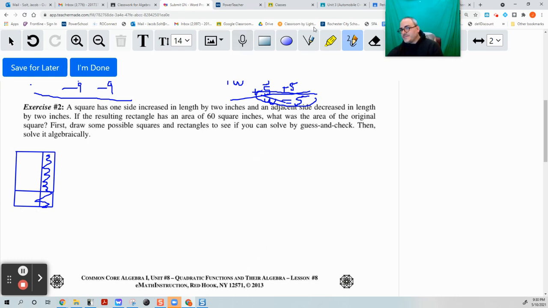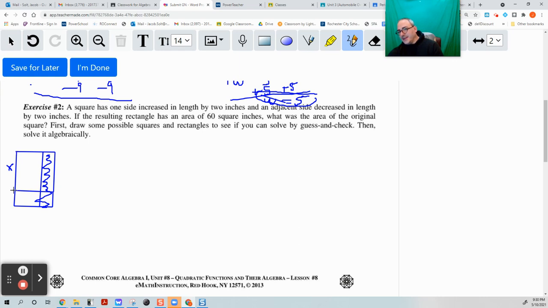All right. Well, here's how I'm going to go about this. I don't know what the length of the square was to begin with, but what if I just called one side our favorite variable x? What if the length between here and here is x?